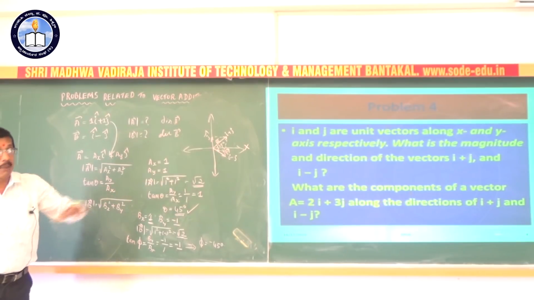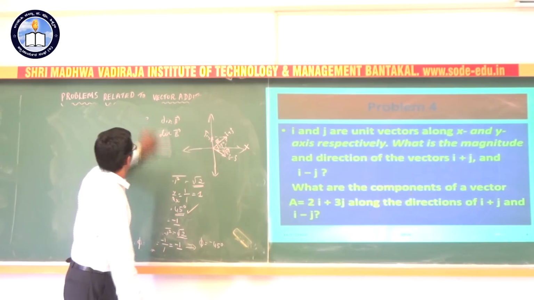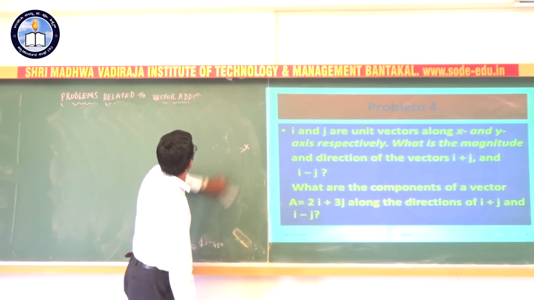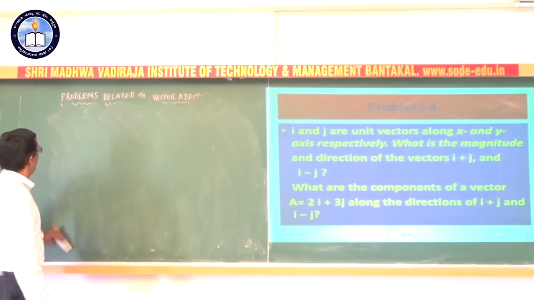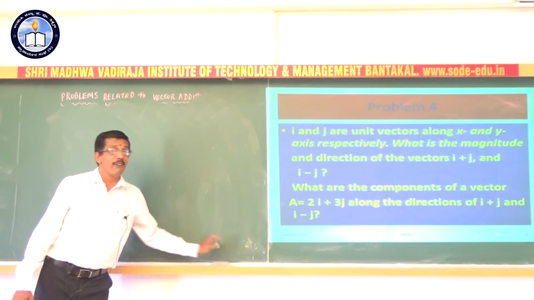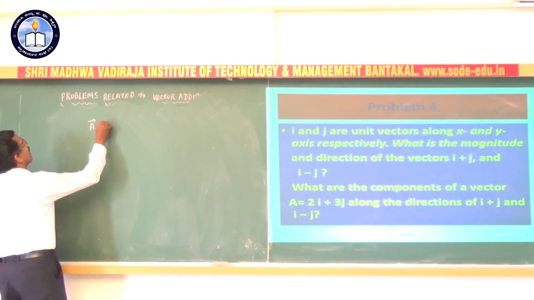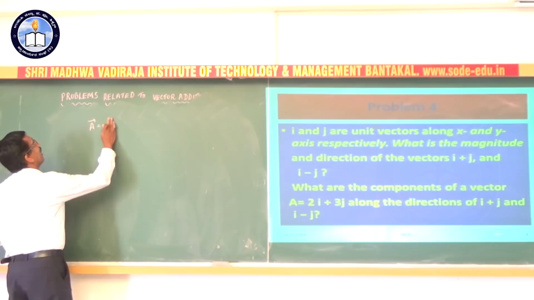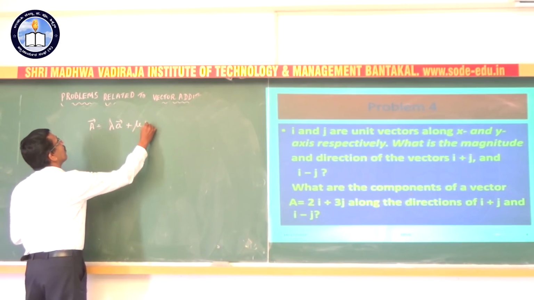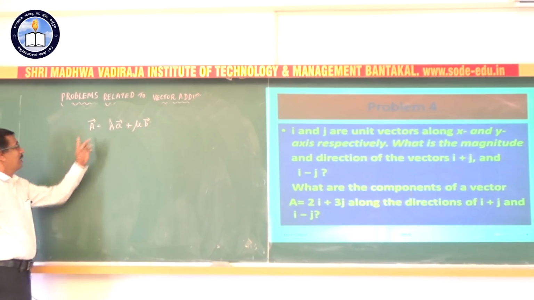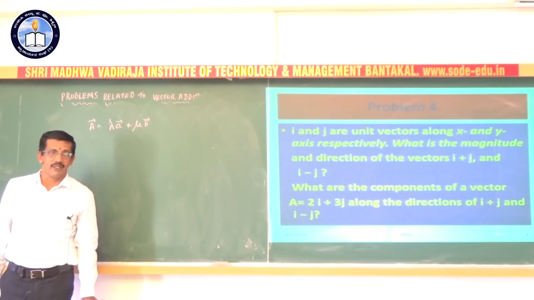Now see the second part, which is interesting. Here we have to use the concept of resolution of a vector. We already know what resolution of a vector is. A vector can be written as a linear combination, that is lambda into a plus mu into b, where A is a given vector, and small a and small b are its components.